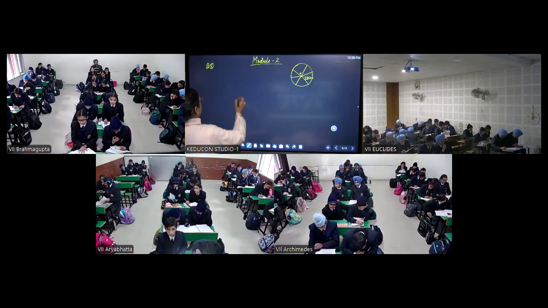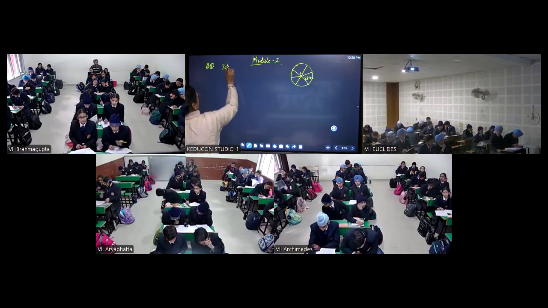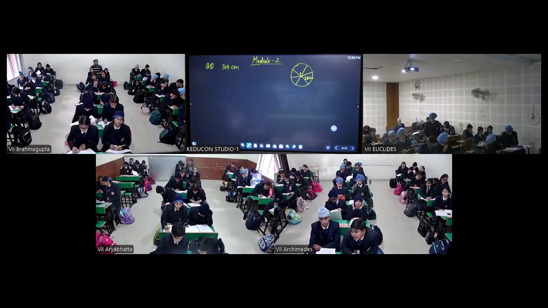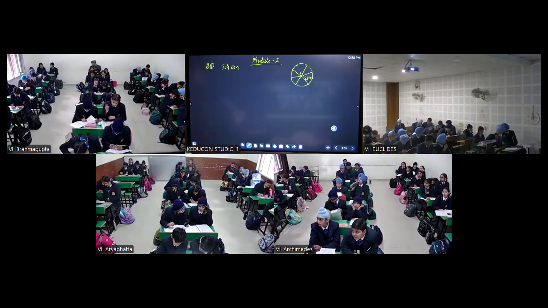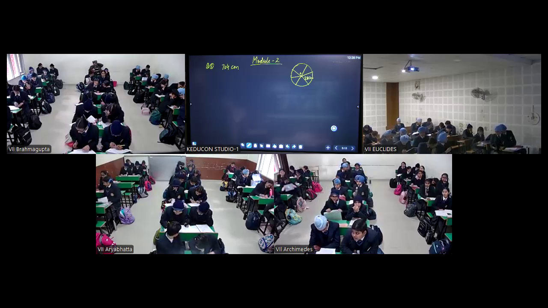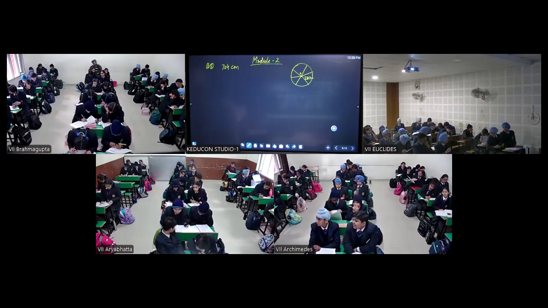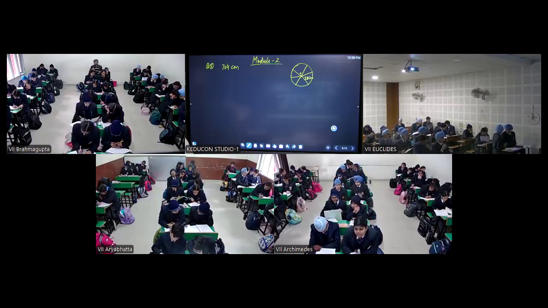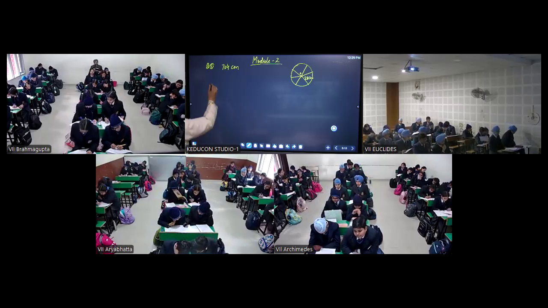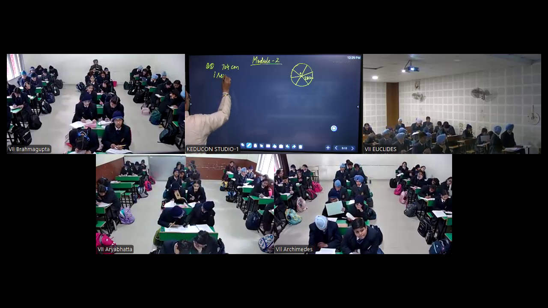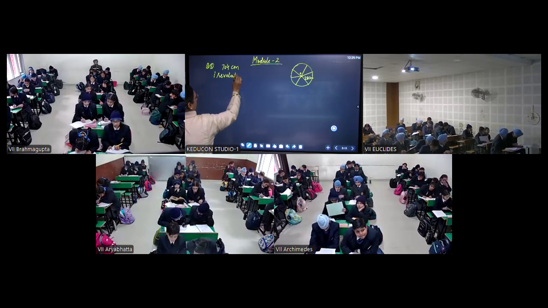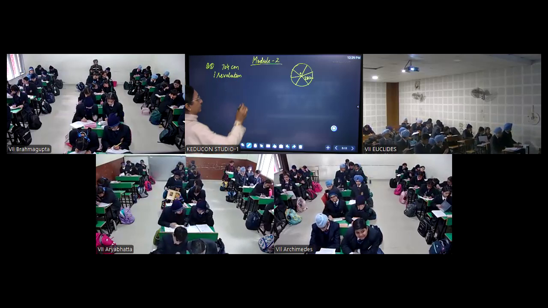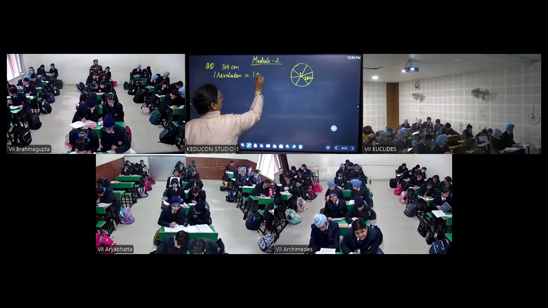Please make it 704 centimeter. Convert it into centimeter. Change the value in this module. A wheel has a radius 28 centimeter. How many revolutions will it make to travel 704 centimeter? Okay. Since, please write down, one revolution is equal to... the wheel is moving round and round. So one round, one revolution means one round.